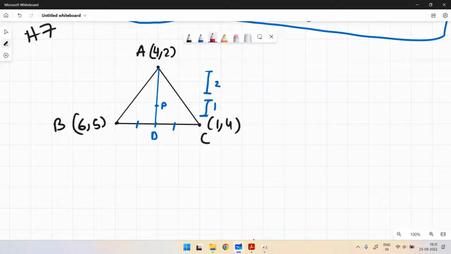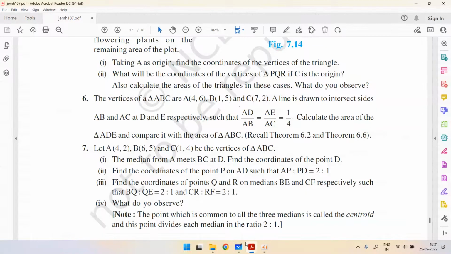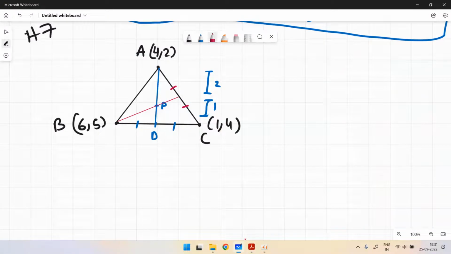Next, find the coordinates of Q and R on medians BE and CF.